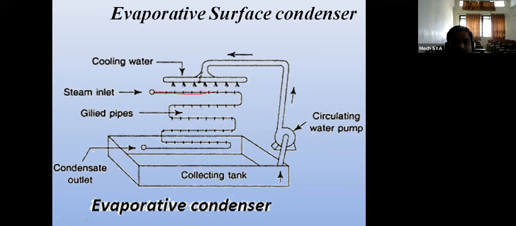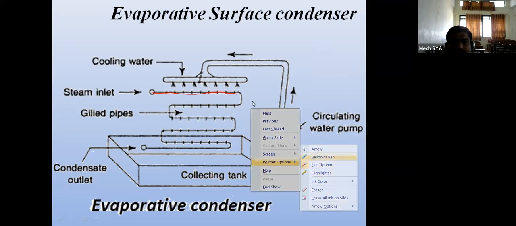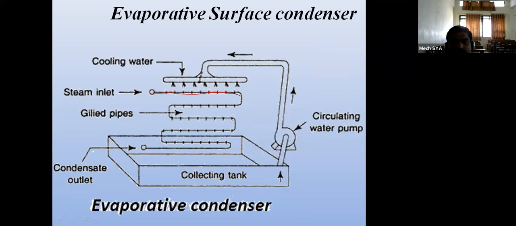Here steam is the inlet, steam is flowing inside these particular grilled tube pipes, and here water is sprayed. This cooling water is going to be sprayed through these nozzles.